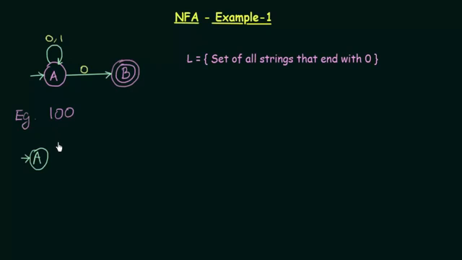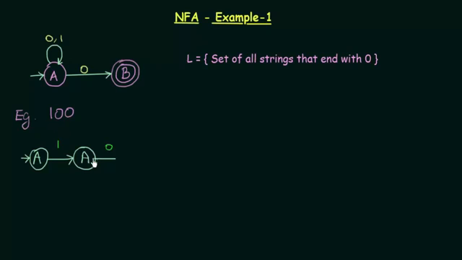Input is 1. On getting input 1, how does A behave? On getting input 1, what happens? A goes to itself. So on getting input 1, A goes to itself, that is A, we see from here. And then what is my next input? My next input is 0, this one.